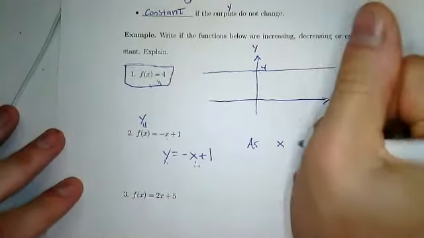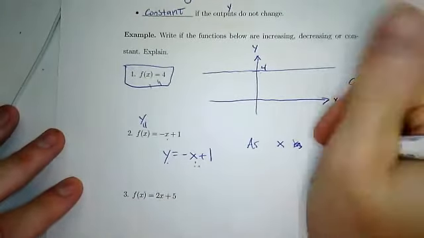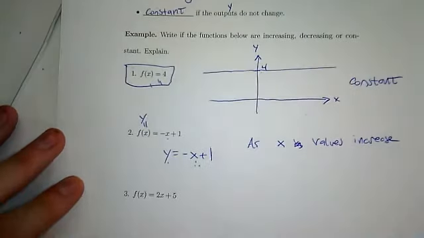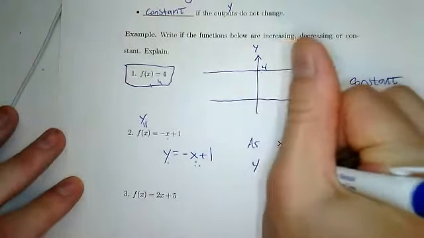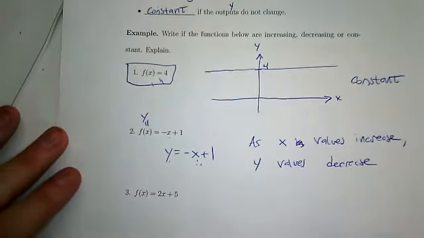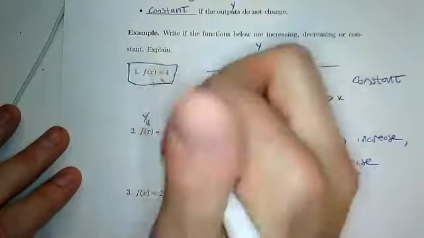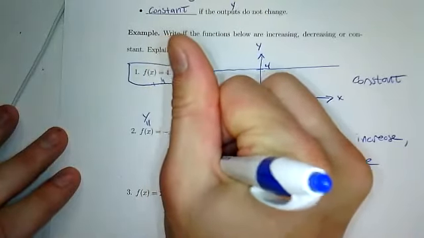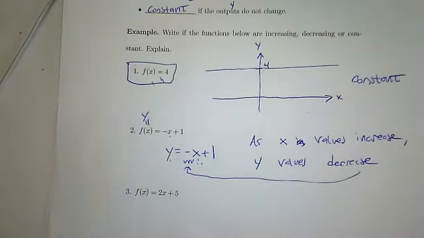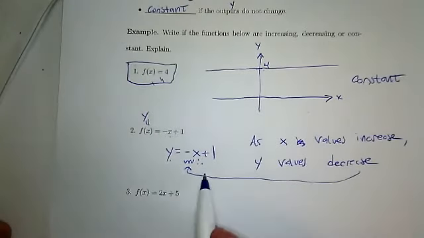So as x values increase, y values decrease, and it's all because of that negative in front of the x. As you put higher and higher numbers in for x, those are going to be bigger and bigger negative numbers that you're then adding 1 to, so they're still going to get more negative, even though you're adding that 1.